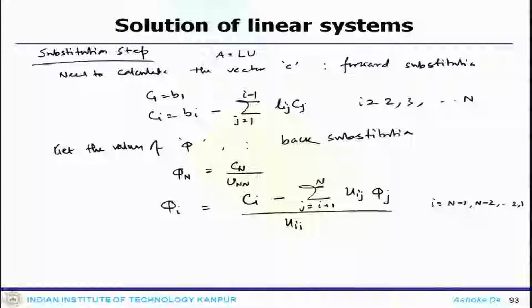So, the first step is the forward substitution to get the vector C, and the second step is the backward substitution to get phi. Essentially you had A equals LU, and this was solved for B, written as LUphi equals B, and from there you get the solution.